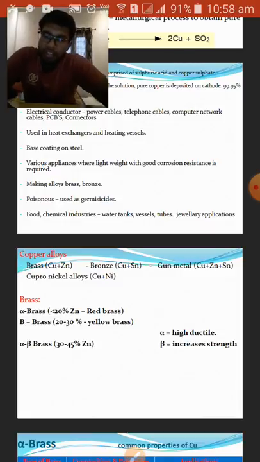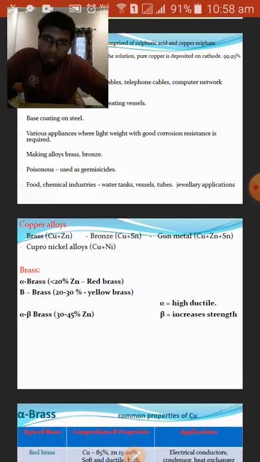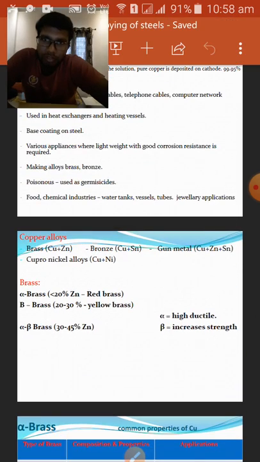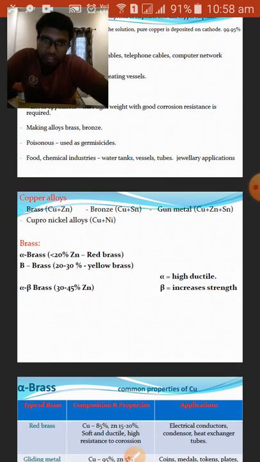The water tanks, vessels and tubes are made of copper, and in some jewelry applications we also use copper as a main constituent. For example, gold is mixed with copper or silver to improve its strength. Since gold is very ductile in nature, to improve its strength we add copper or silver to the gold.